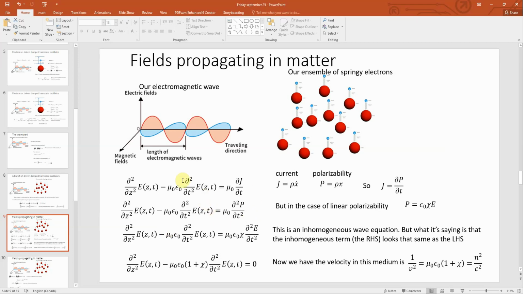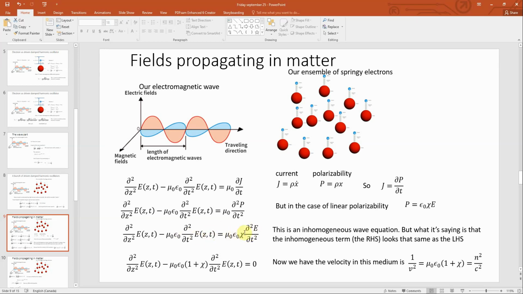So we're coming in with an electromagnetic wave that's hitting this matter and causing this time-dependent polarizability. But due to the linearity of this response of all these electrons oscillating around, it ends up looking just like the form of this wave equation.